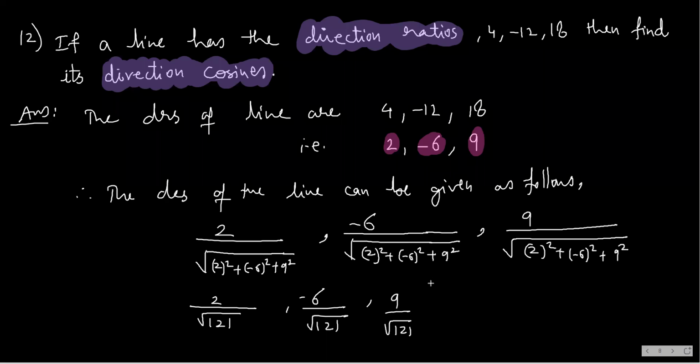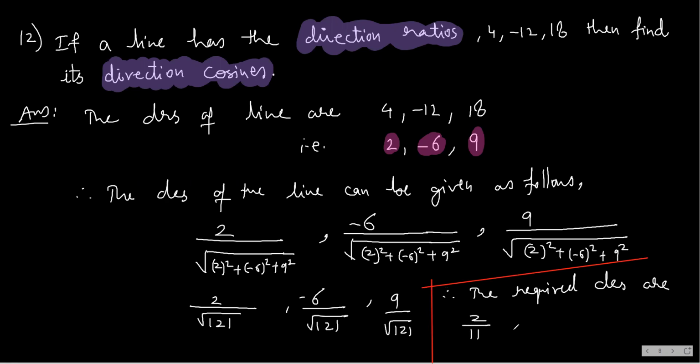So finally, therefore, the required DCS, that is direction cosines, are 2 upon 11, minus 6 upon 11, and 9 upon 11.